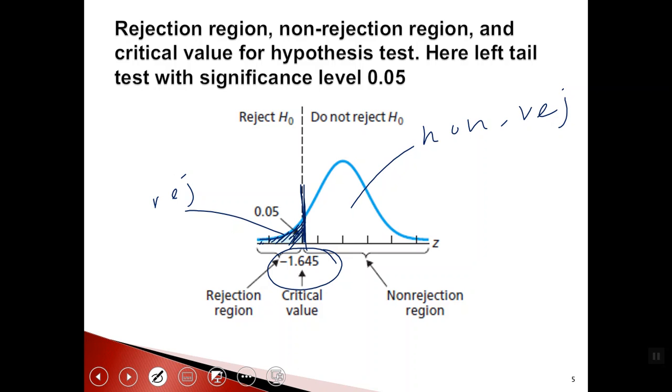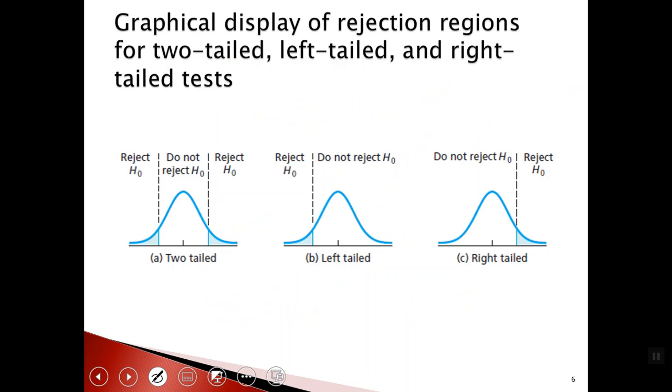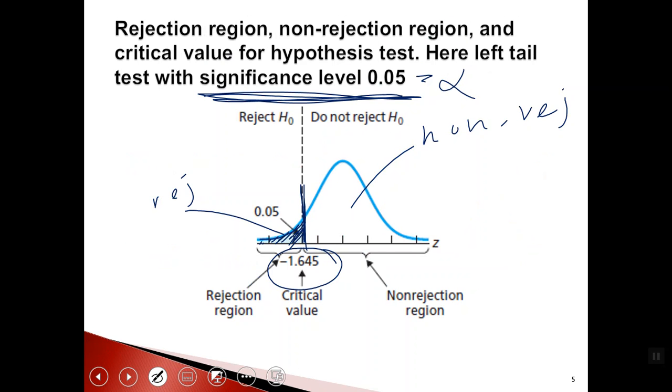Here we have considered the significance level, which means your alpha, is 0.05. I told you by default we consider alpha as 0.05. I'm sorry, I forgot something.